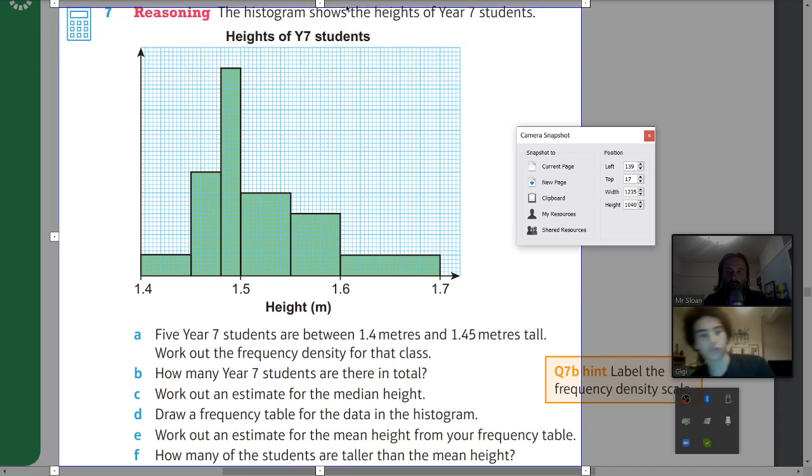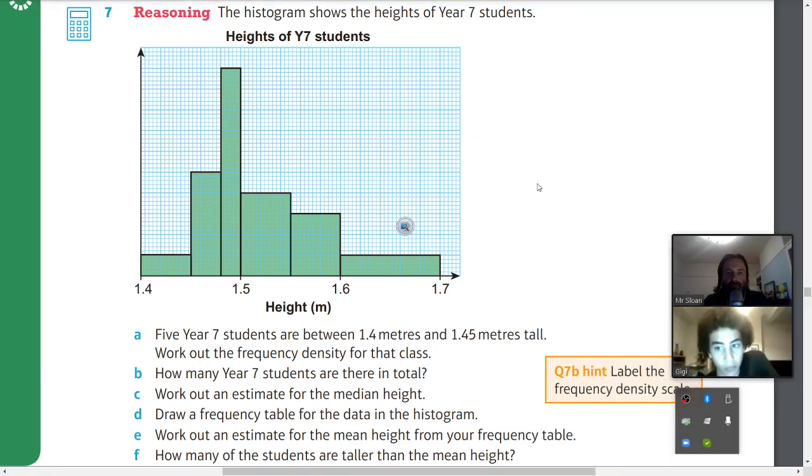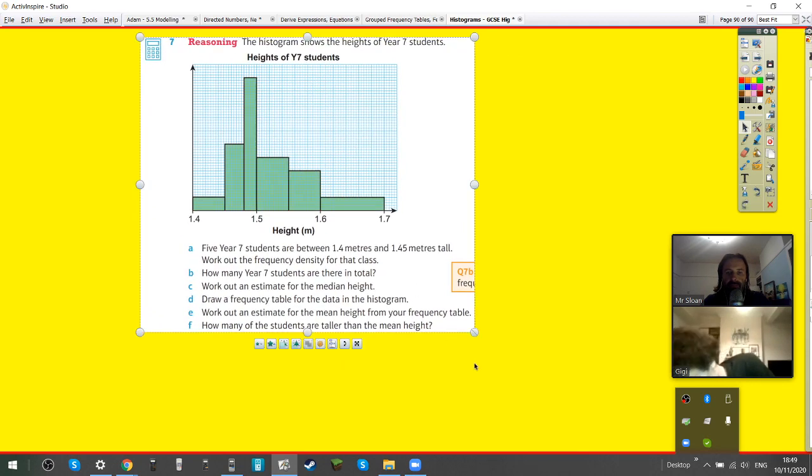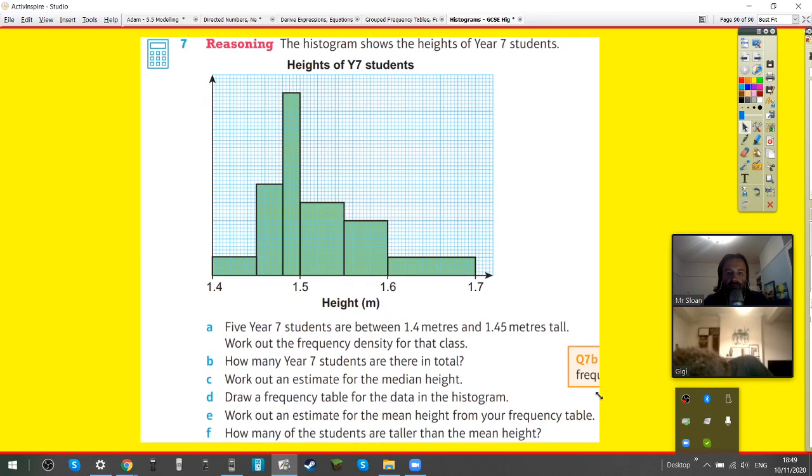So that would be 0.28. Let me just check. So this is 5.